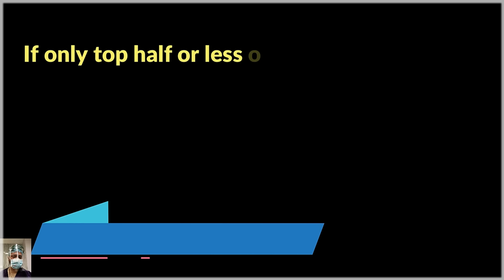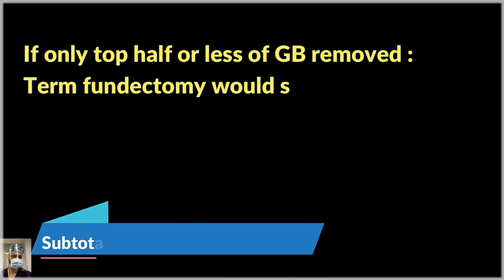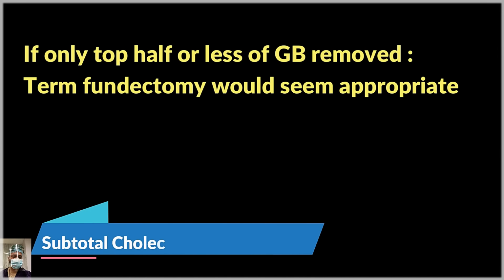Another interesting concept, given by Dr. Strasberg in his paper, is that when we are removing less than half of the gallbladder, or only the fundus, we should call it a fundectomy. Again, I'm re-emphasizing that the term partial or near total should be avoided. If we are removing more than half, consider it a subtotal, either reconstituting or fenestrating type; otherwise label it a fundectomy.